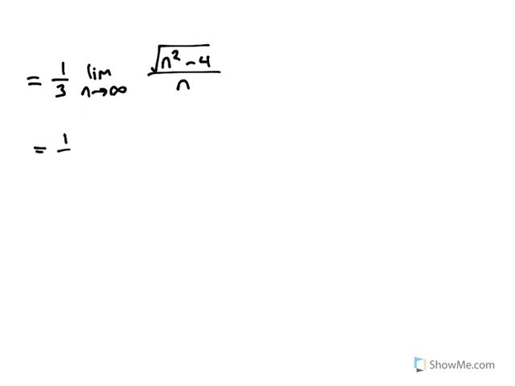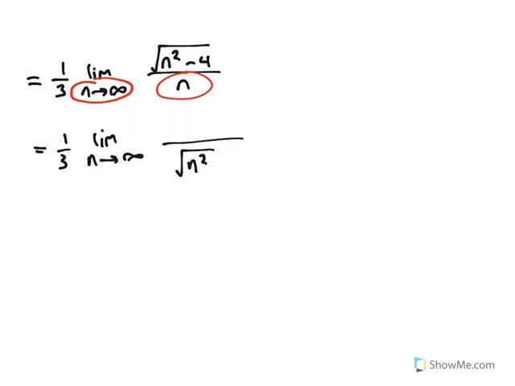So to proceed from here, here's what we need to do. We recognize that n is approaching infinity, so n is positive, and for positive values of n, I may rewrite the denominator n as the square root of n squared. So if n is a positive number, the square root of n squared will be equal to n. And this is true for n greater than or equal to 0.